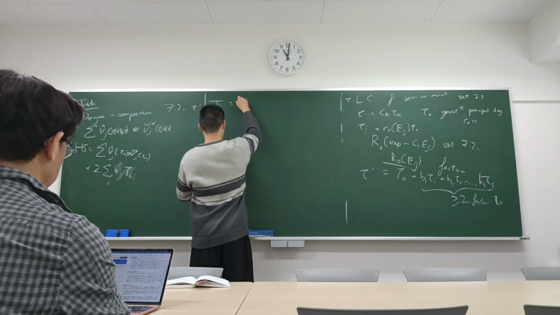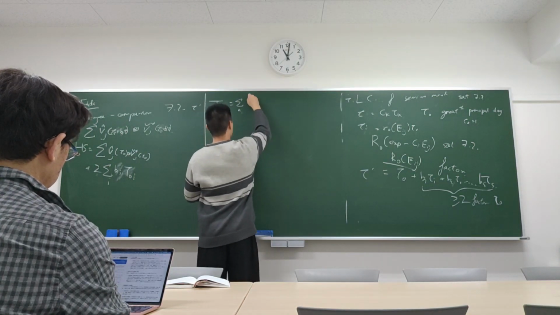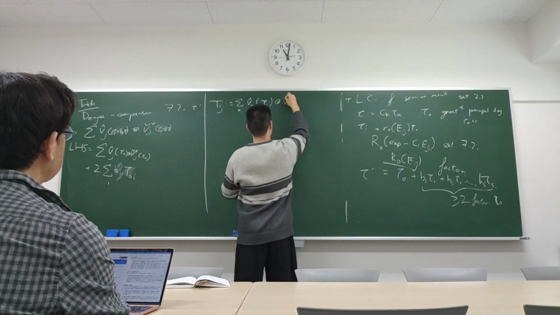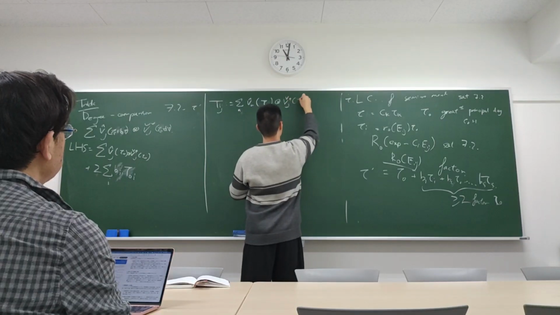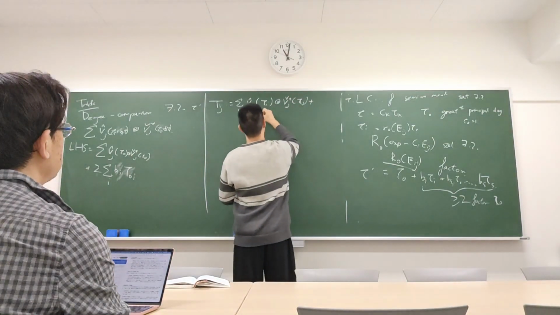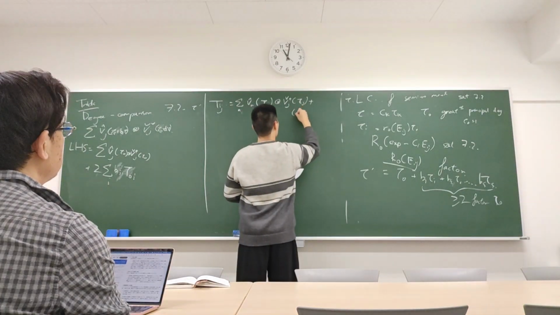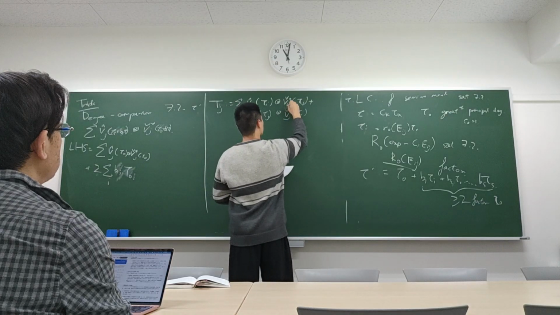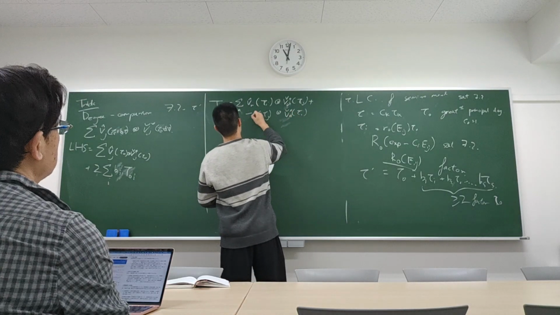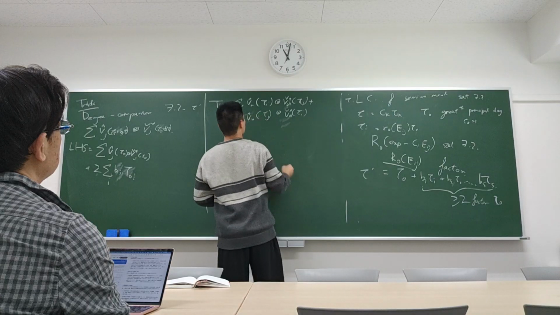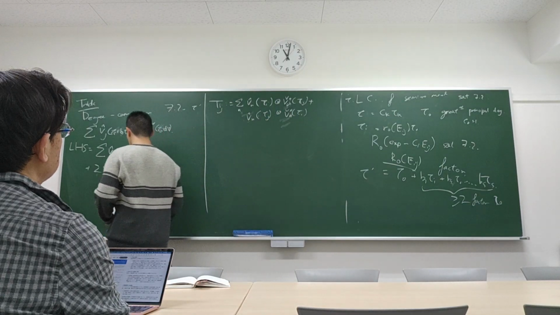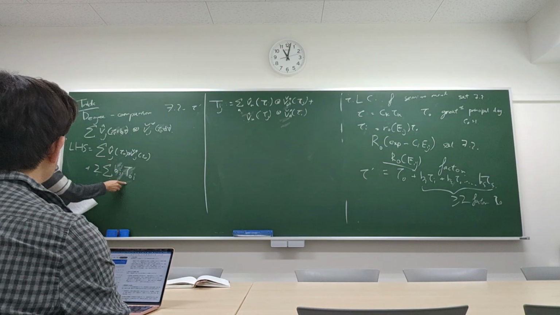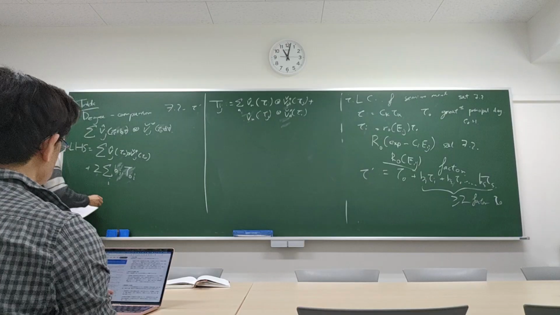So here is going to be the symmetric terms with one copy of tau_0, symmetric terms with 2 copies of tau_0, and symmetric terms with no copies of tau_0.